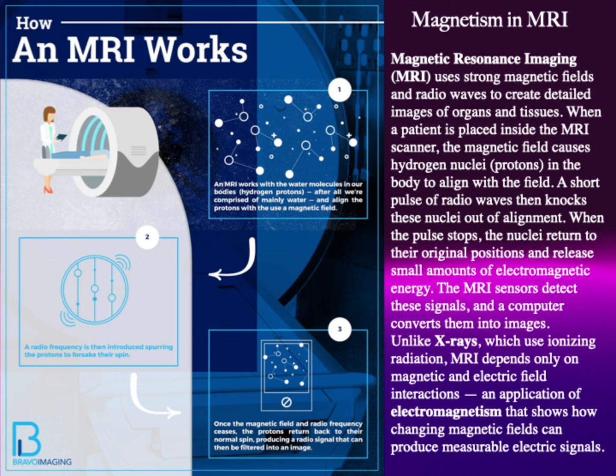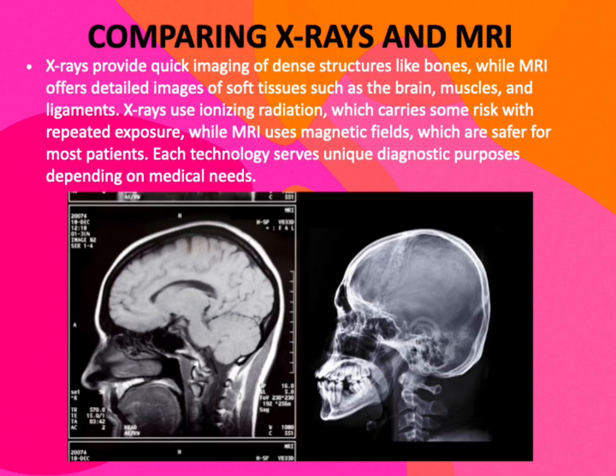Unlike X-rays, which use ionizing radiation, MRI depends only on the magnetic field and electric interaction. It is an application of electromagnetism that shows how a changing magnetic field can produce measurable electric signals. Alright, so after this information, let's compare these two.